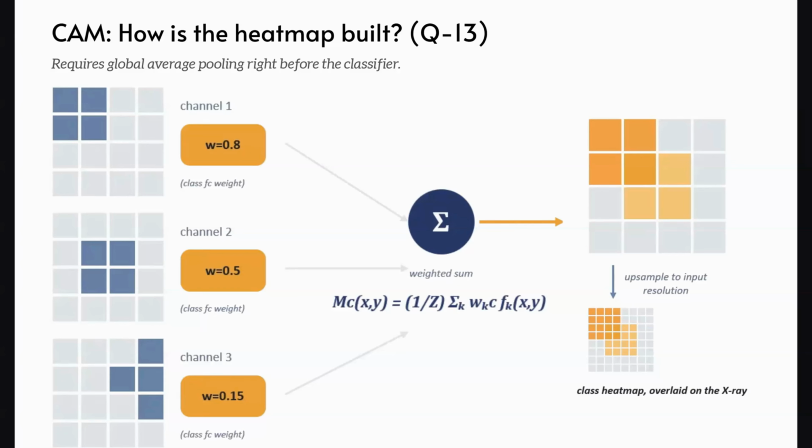This is a heat map, the color heat map that it creates because of the normalization and the activation. But this is very small compared to the image, so you upsample this and overlap it on the image. Whichever the darker areas are the ones corresponding to the prediction.